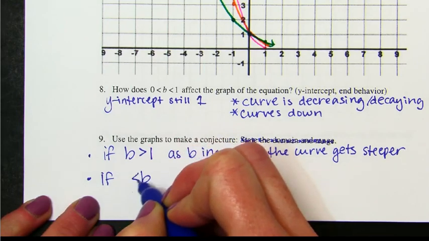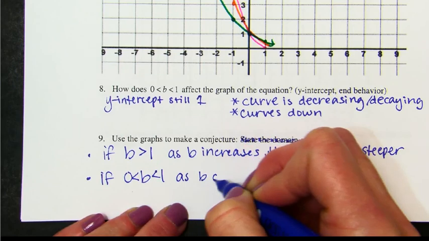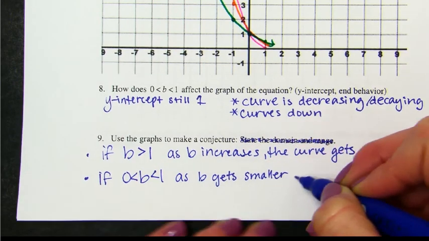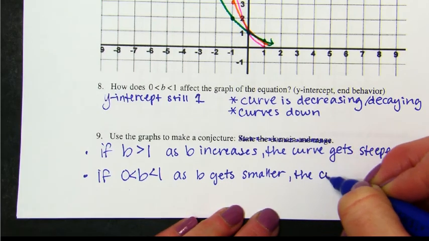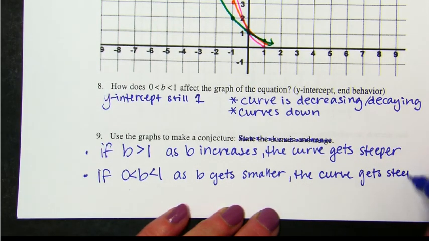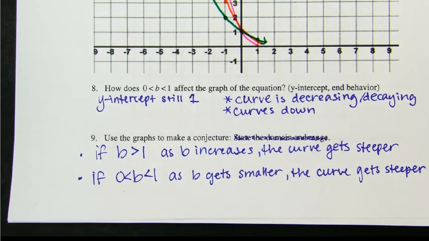If b is between 0 and 1, as b gets smaller, the curve gets steeper. Okay, so again, we're just trying to find as many observations as we can to help us understand how these numbers change our graphs.